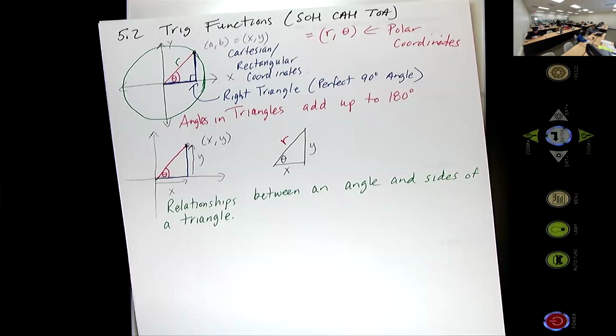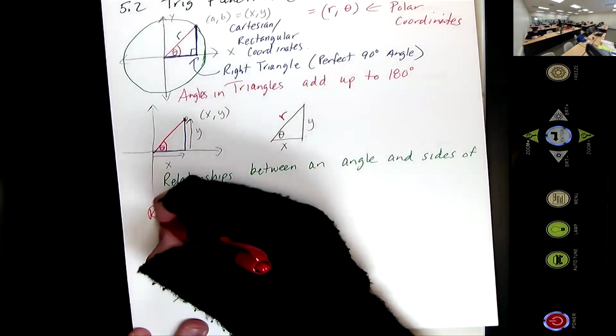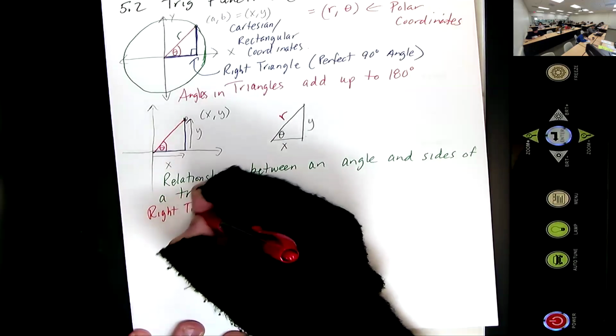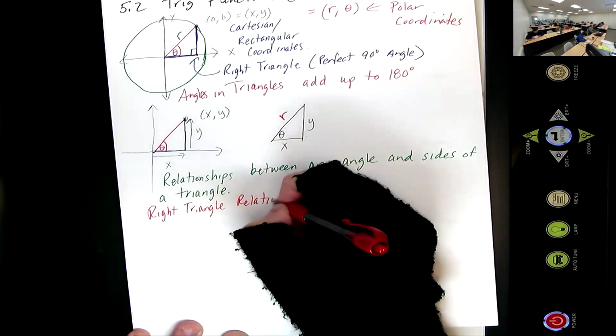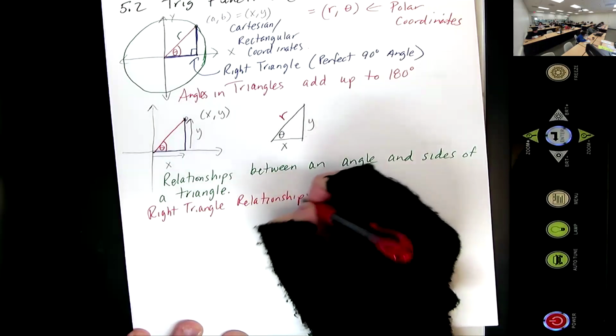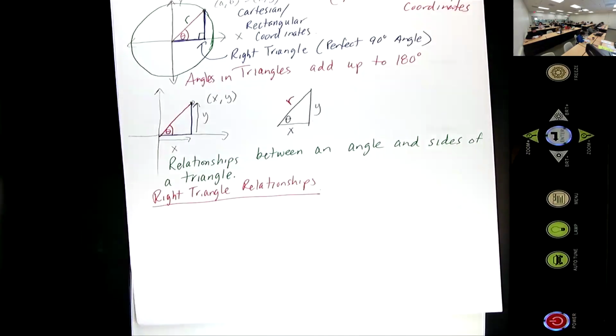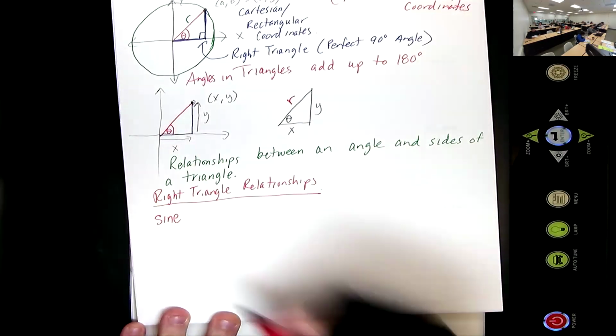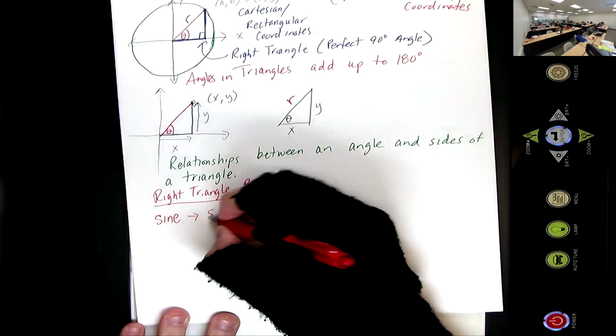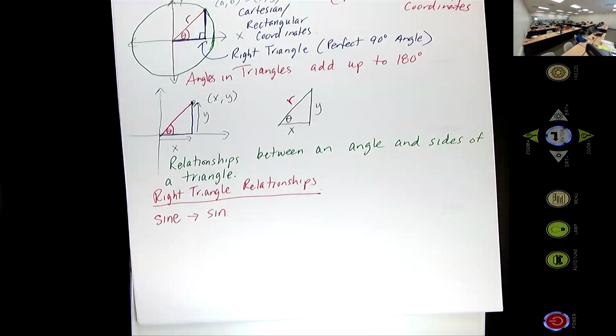The right triangle relationships are the following. The first one is called sine. It's abbreviated sin. We still pronounce it sine.